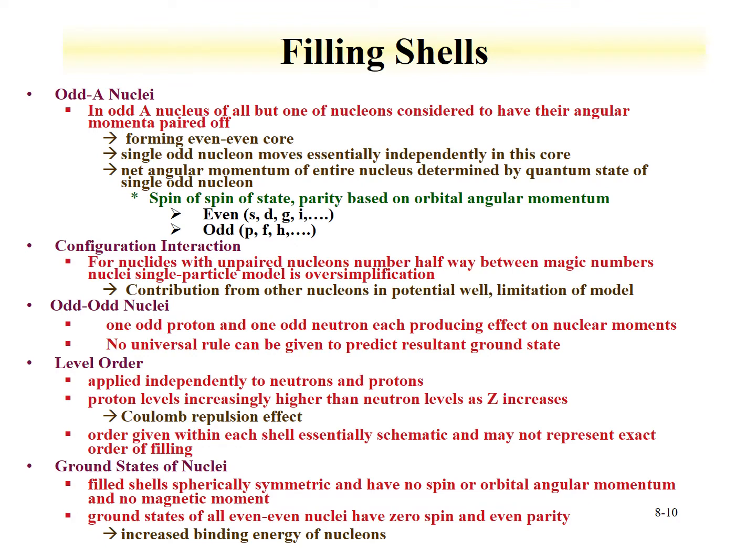The parity will be based upon the orbital angular momentum. So s's, d's, g's, i's have even parity. p's, f's, h's have odd parities. For odd-odd nuclei, where one odd proton and one odd neutron each contribute to the spin and parity, there's no universal rule, and we'll provide some examples of how you can estimate the spin and parity of odd-odd nuclei.